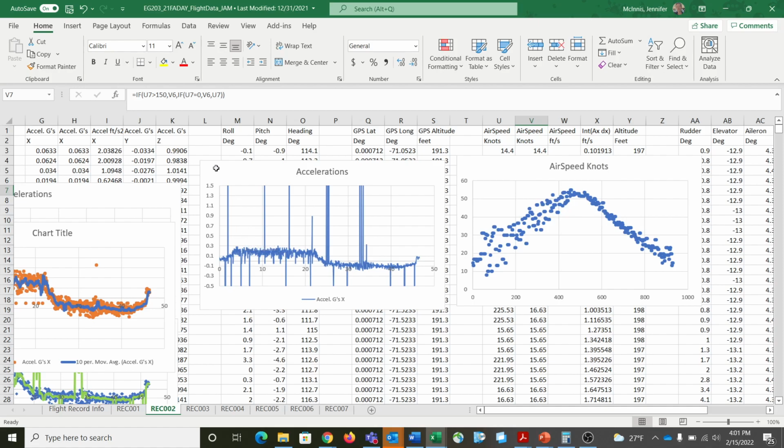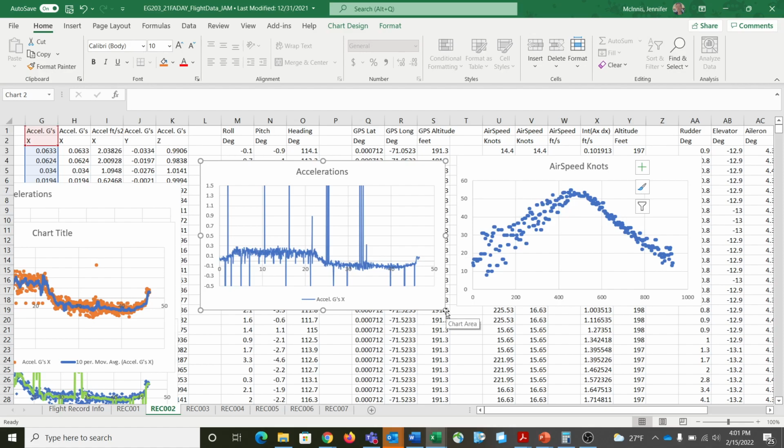So, for example, when I looked at the longitudinal acceleration in G's, there was a lot of noise in this graph. You can see that I have these data points that don't make any sense, and then I have these fairly consistent data points that look like maybe they make more sense.